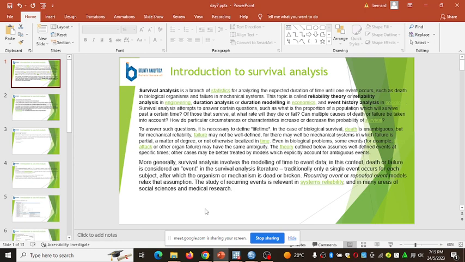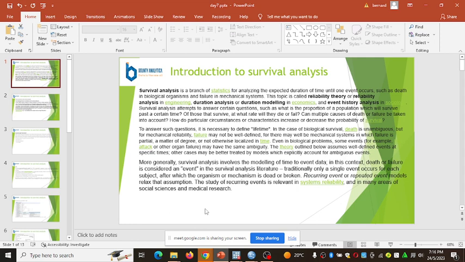At what rate will a specific group of students finish a specific course? Can multiple causes of death or failure be taken into account?